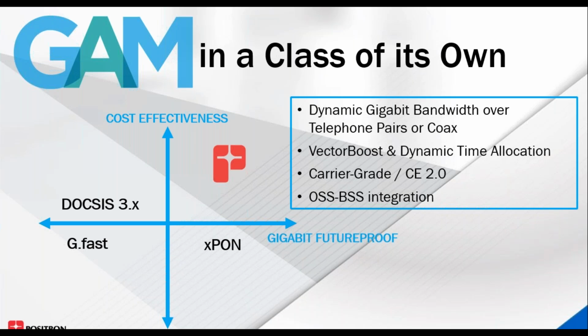This device is also carrier grade with C2.0 features for business Ethernet functions, and it's easy to integrate with OSS and BSS, but none of this comes at a premium in cost. The solution is still very much cost effective.